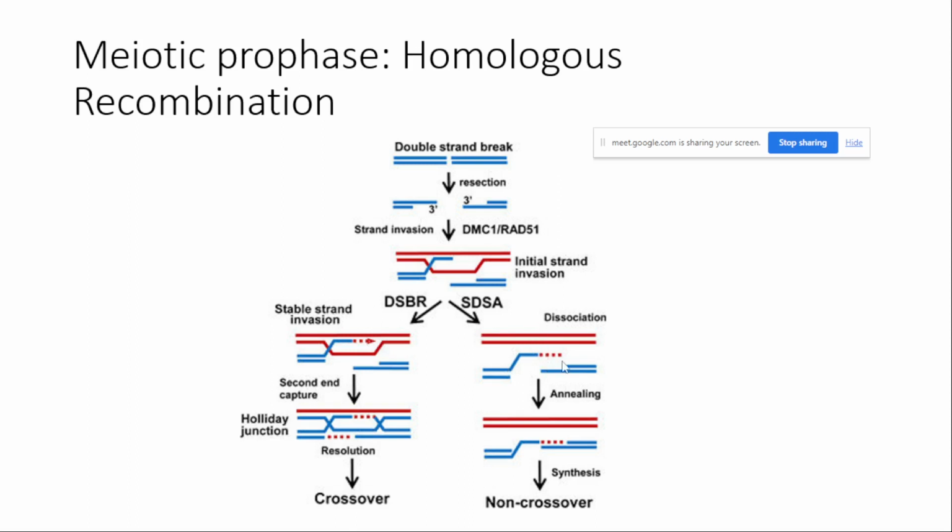Some length was extended, but after that it was dissociated, and then again it will anneal here, and the remaining strand extension will occur. So in both cases homologous recombination takes place, but the way the HR pathway is utilized is different. Did you catch the difference here?